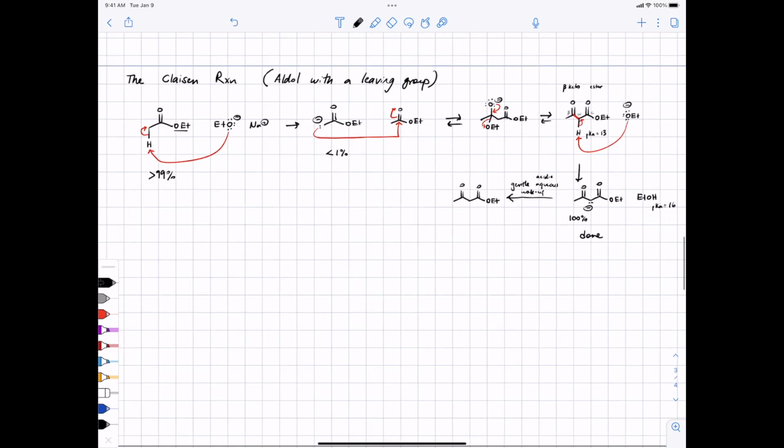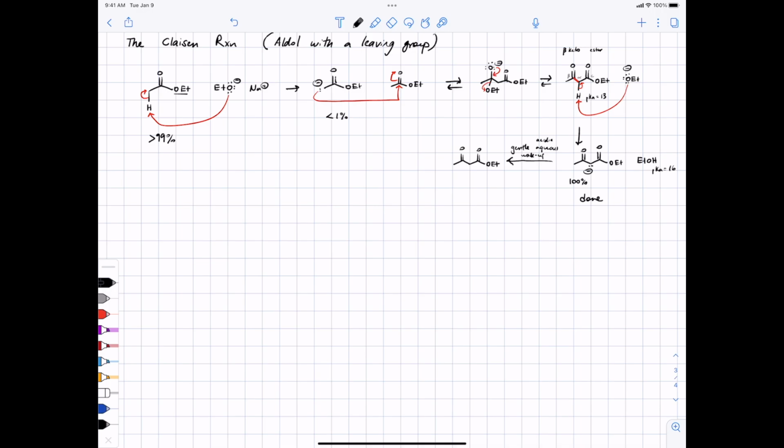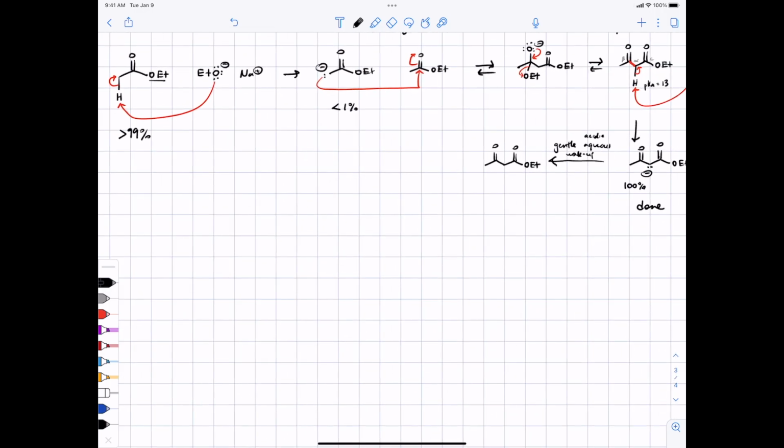When your text shows the Claisen reaction, they will sometimes show it like this. They'll start with the ester, they will use sodium ethoxide, and then they will use H3O+. And what they mean by that is gentle aqueous workup to get you back here.